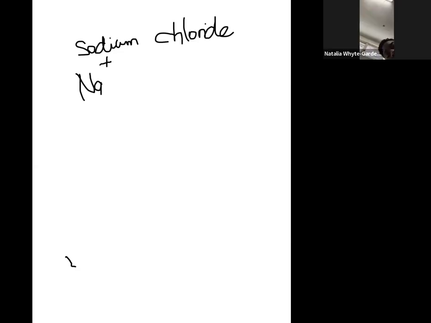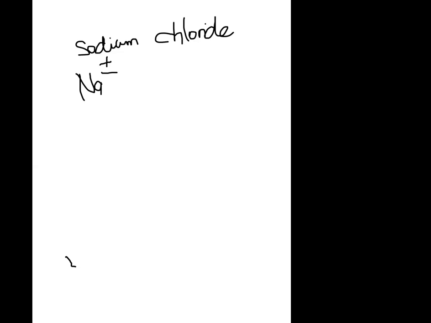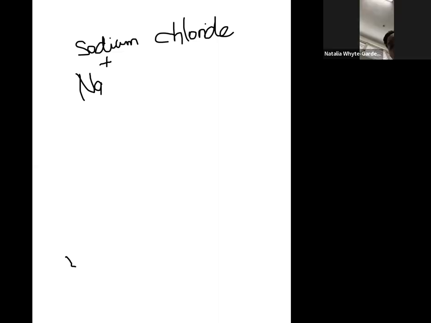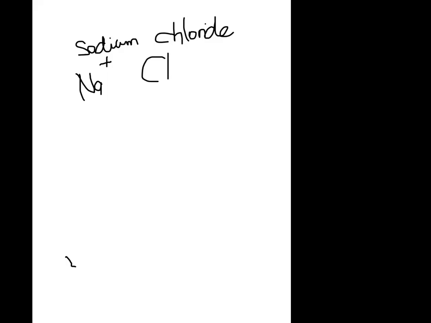Cl. The plus is critical. The ion has a +1 charge. Sodium is in group 1, so to become stable, it lost an electron, so its charge is +1. Are we clear? Yes, miss. Chlorine is in group 7, so the formula for the chloride ion is Cl minus. Good.